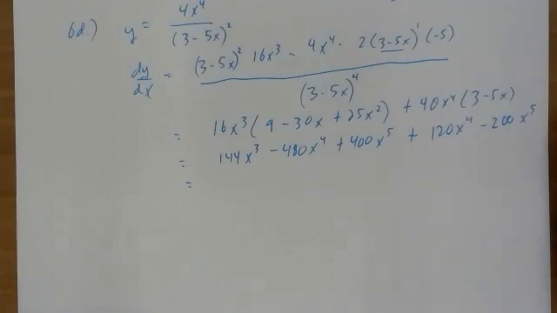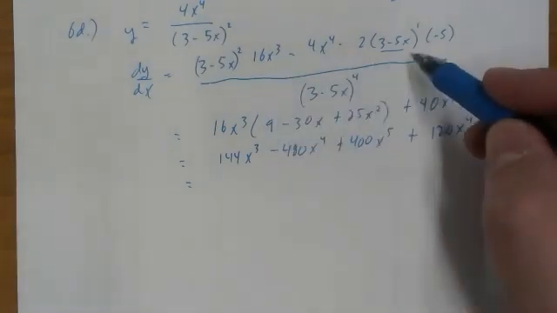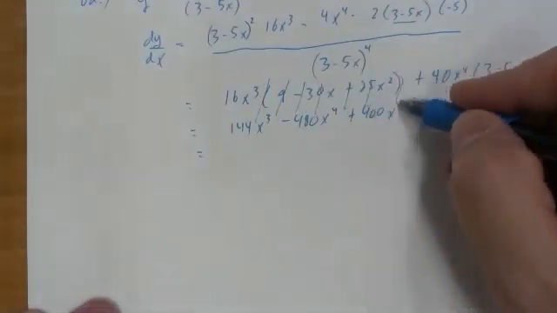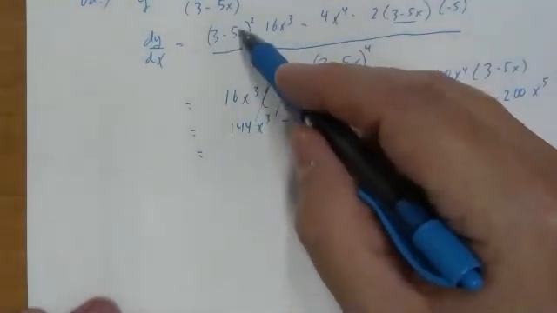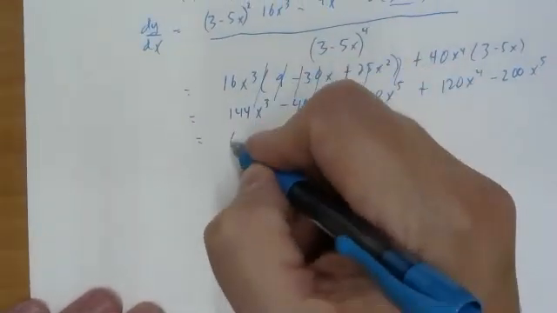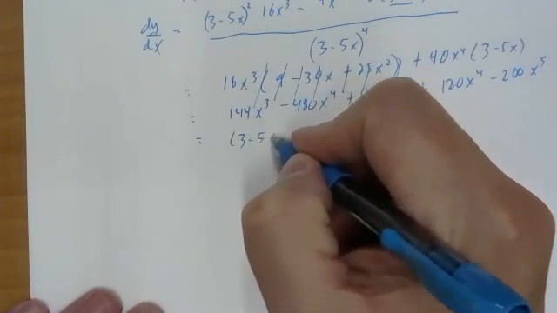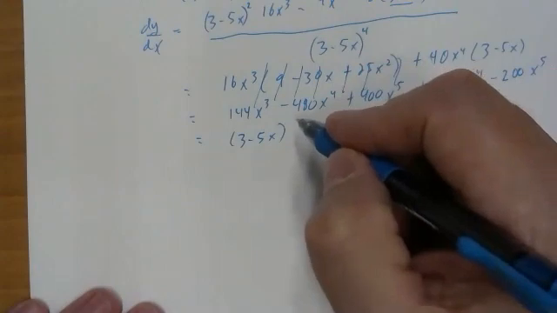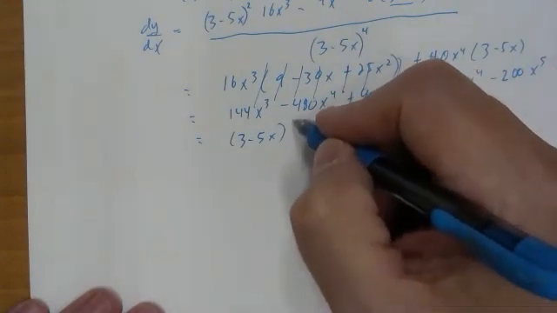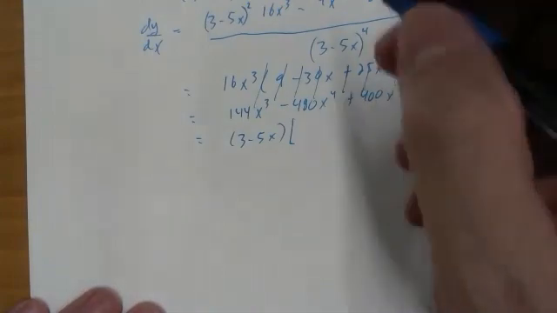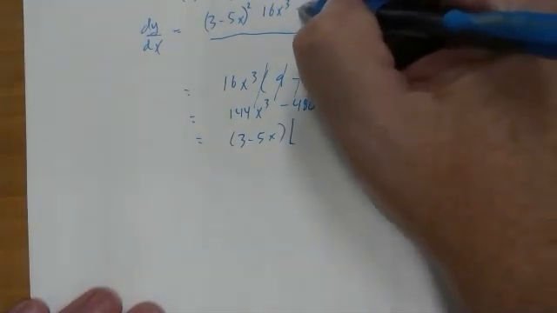Oh, you know what I think they did instead of multiplying all that stuff out? How about if I just factored out a 3 minus 5x? So if I do that, so this is just messy algebra. Actually, I could factor out a, so this is subtract.